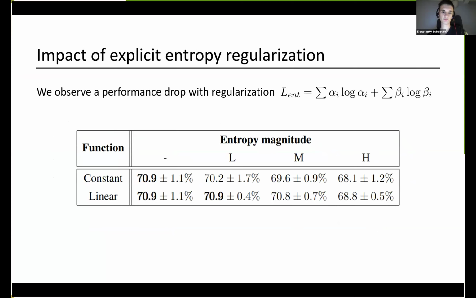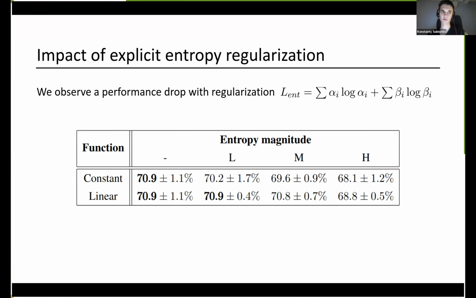Then we considered penalizing high entropy explicitly. So here we did experiments with adding an entropy term to the loss function, and people have already tried penalizing high entropy many times in the literature in this form or another. So we are not the first to do it, of course.